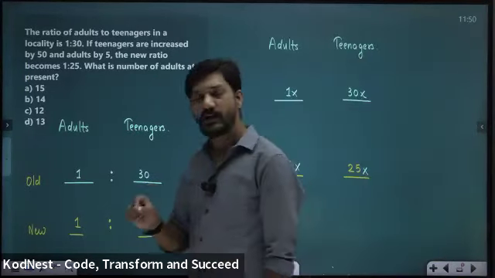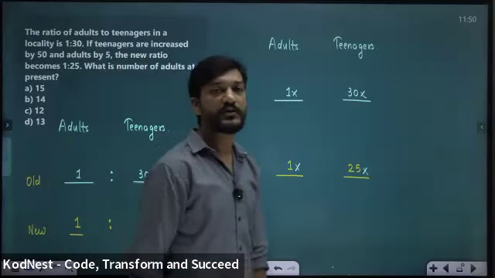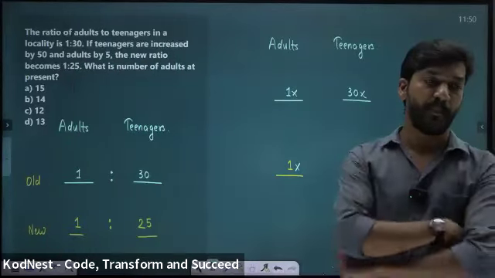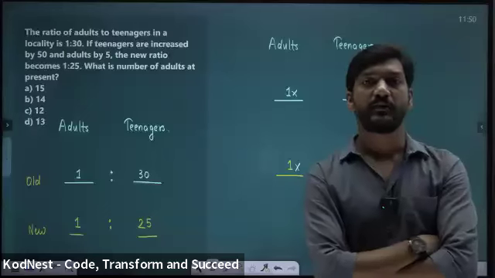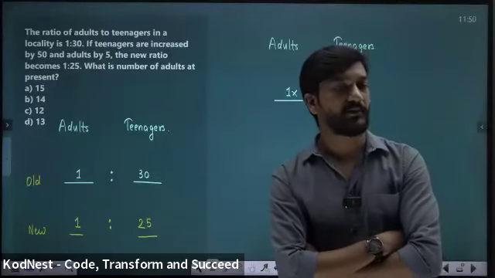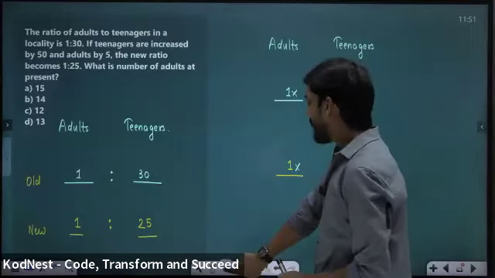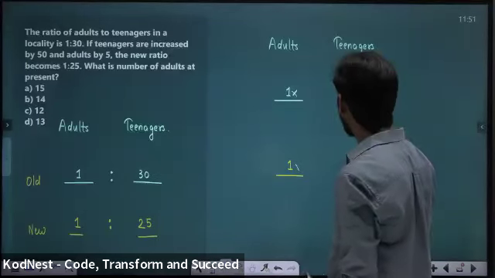What is the change in the number of adults with these values? The change is 0. But is the question saying 0? No. So my dear, you cannot take the values like this.